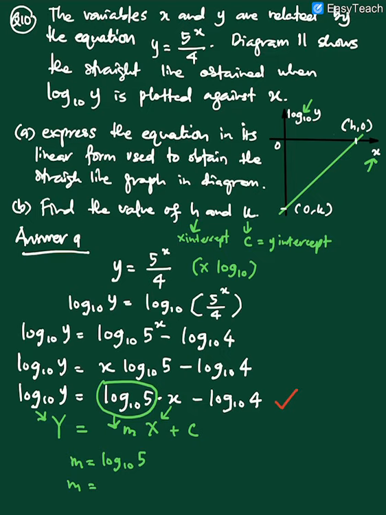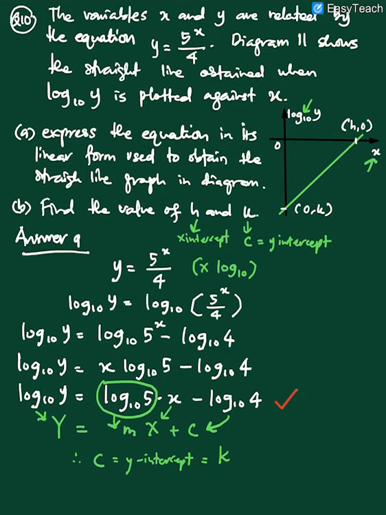Before I find our m, we have the value for c, the y-intercept. c is negative log base 10 4, so we find c first. It is our y-intercept, and it is also equal to the value of k here.